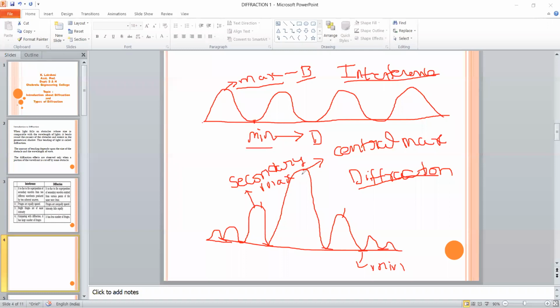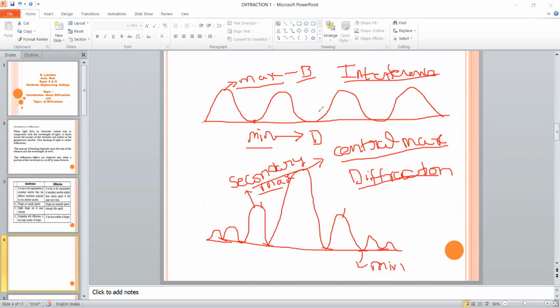The first one is central maxima, also named the principal maxima. On both sides of the central maxima, there are two equal maximas, named secondary maximas. And all the intensities below are minimas.